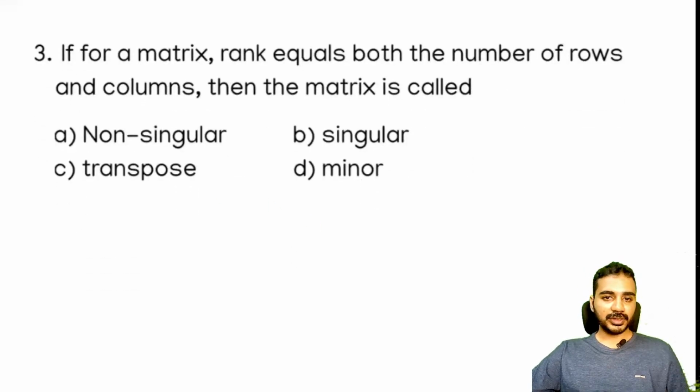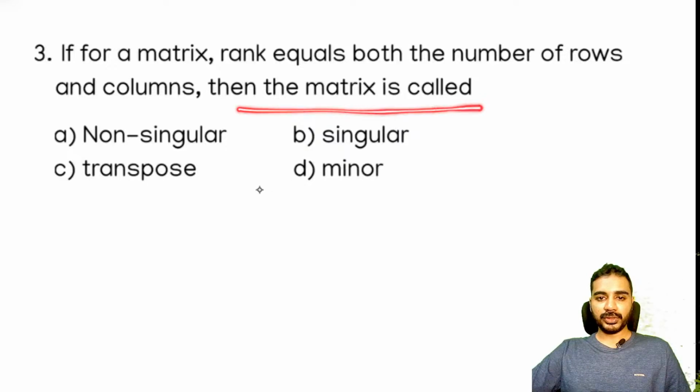Let's go to the third question. If for a matrix the rank equals both the number of rows and columns, then the matrix is called.